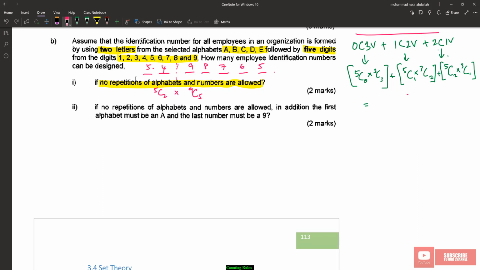Right? And this is the easiest way to understand lah, to understand the concept. So let's look at number 2.